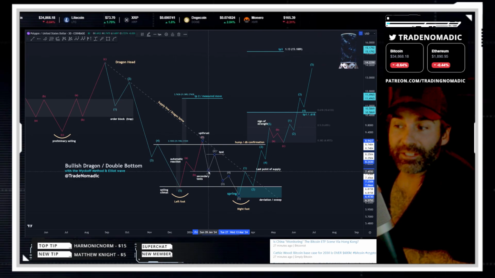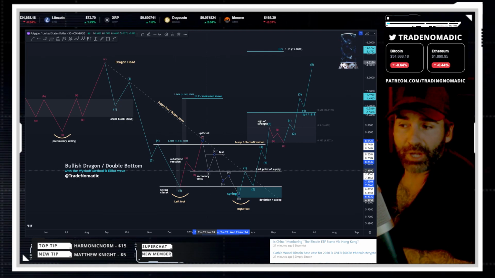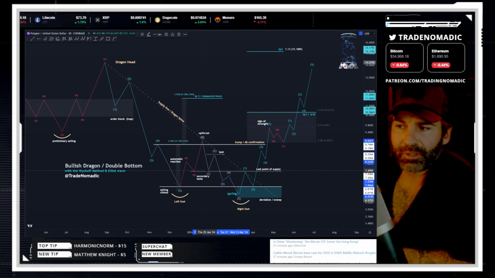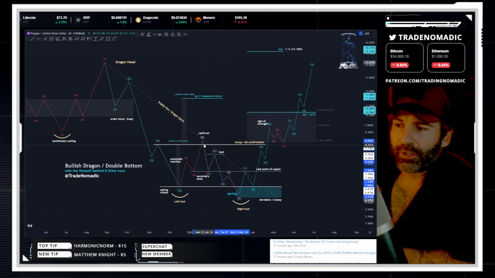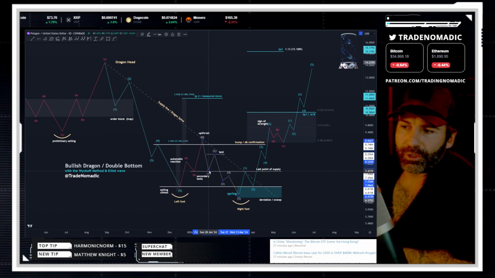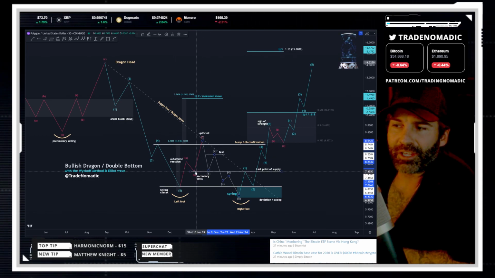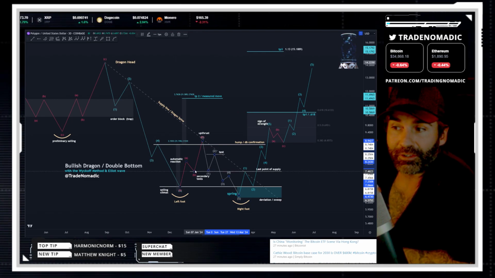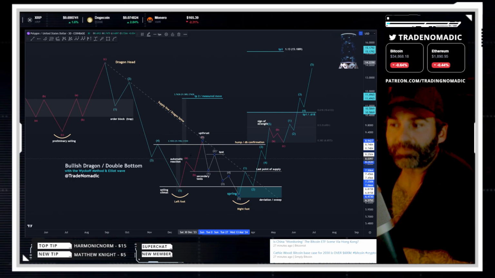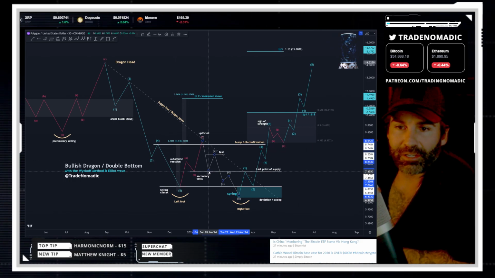A sign of weakness in this case, again, this has nothing to do with the dragon at this point, but it would help the ideology behind this schematic. Usually when you get this first move down, if it undercuts this point, the first secondary test after the automatic reaction, that would be a sign of weakness.